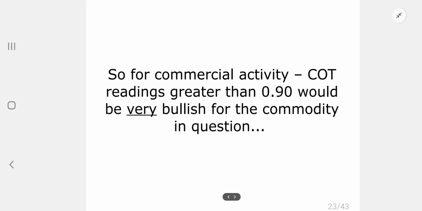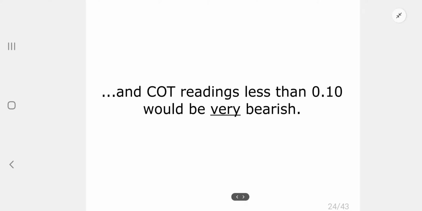So for commercial activity, COT readings greater than 0.9 would be very bullish for the commodity in question. And COT readings less than 0.1 would be very bearish.